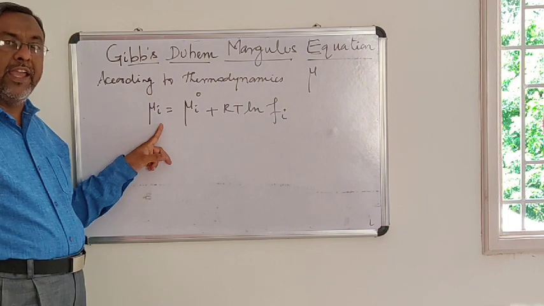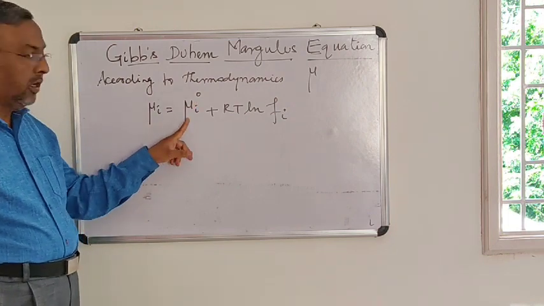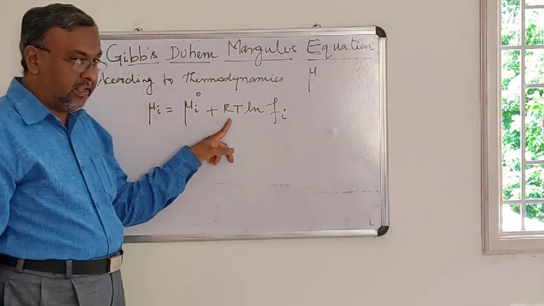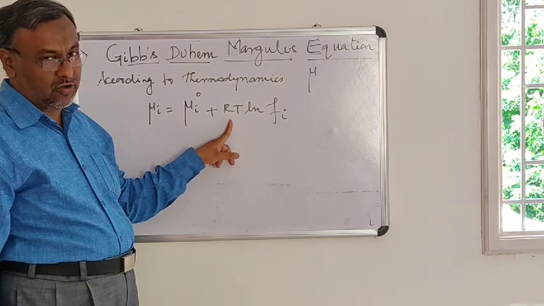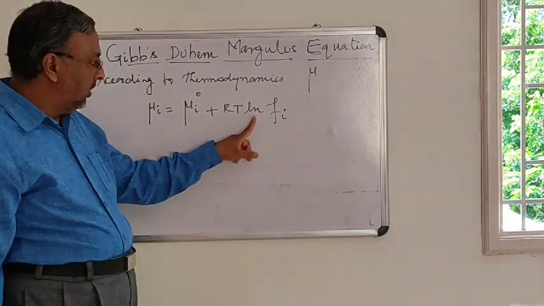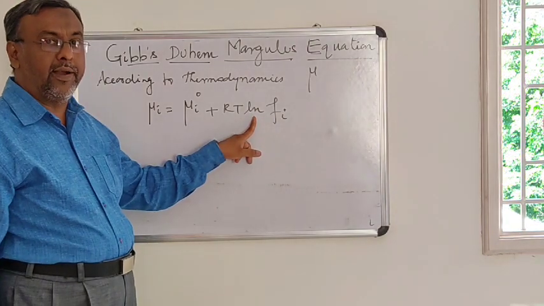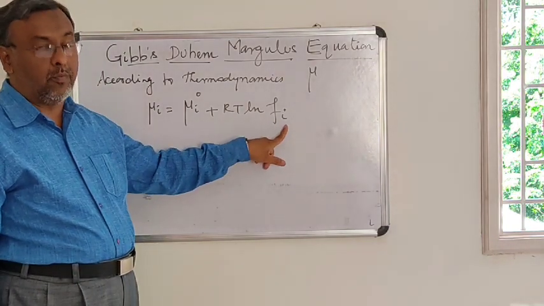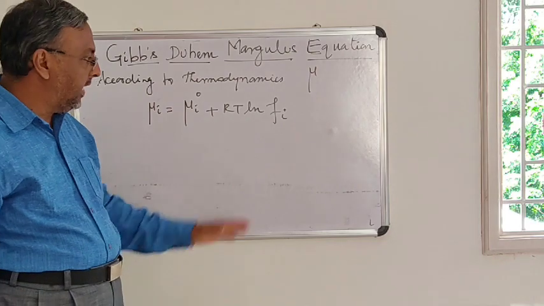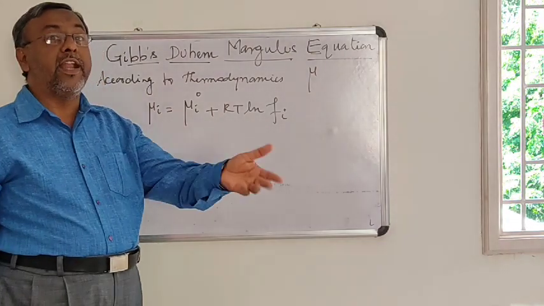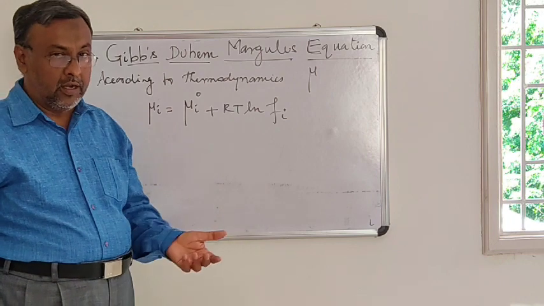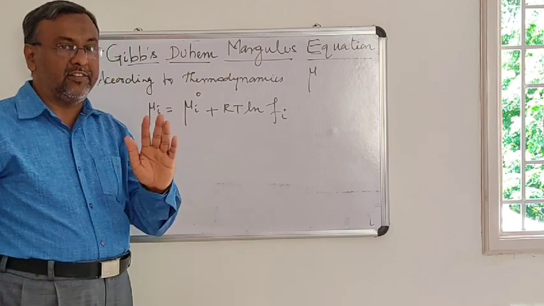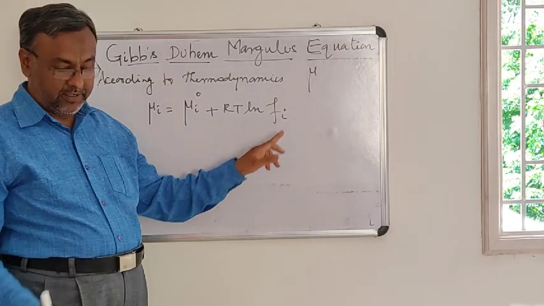Chemical potential of the ith constituent. Mu I naught is called the standard chemical potential of the ith constituent. R is the universal gas constant. T is the temperature. Ln is nothing but 2.303 into log. Fi is the fugacity of the ith component. What is fugacity? It is the escaping tendency of any constituent from the liquid state to the vapor state, or from one state to another state. That shows fugacity.